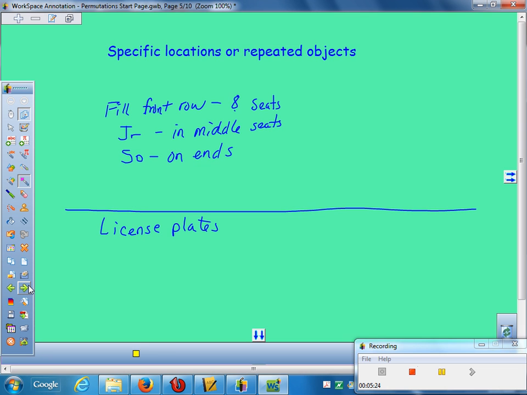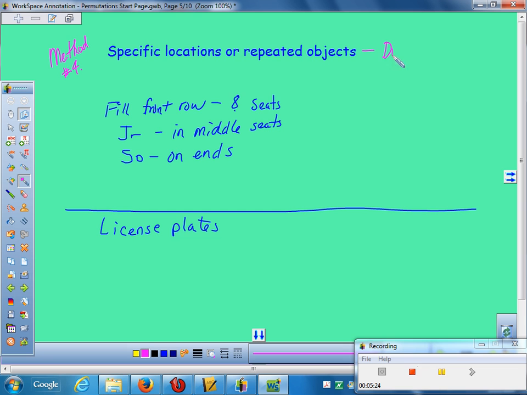Okay. Last but not least, this is method number 4, by the way. I call this specific locations. If they tell you certain things have to be in a certain position, or if they tell you you can use something more than once, repeated, then in this case you can't use factorials, because if they're saying certain things have to be in a certain position, factorials aren't going to work.